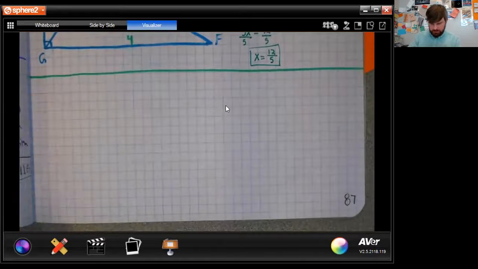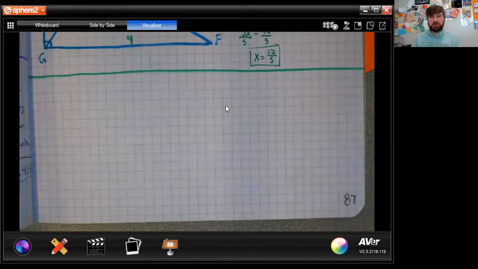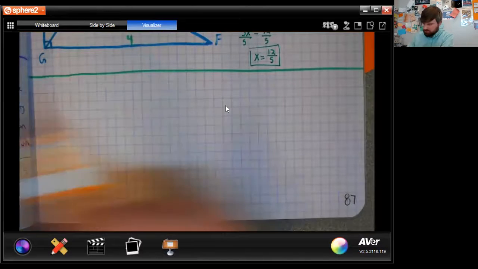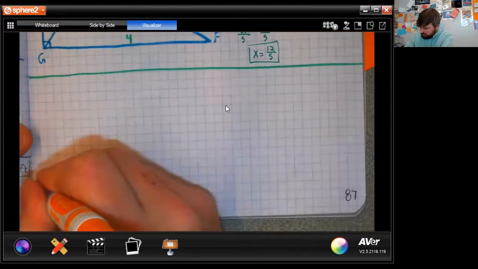All right, the next one here, and this is our last one. We only got a couple because we did a whole section on similar triangles. Okay, so here.